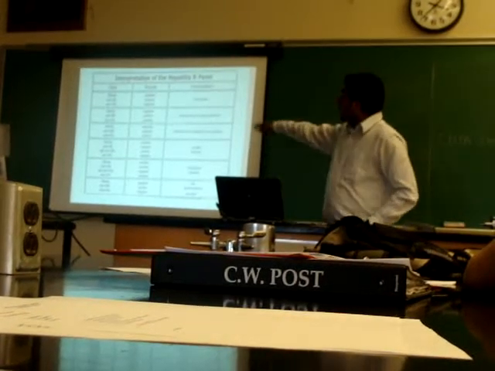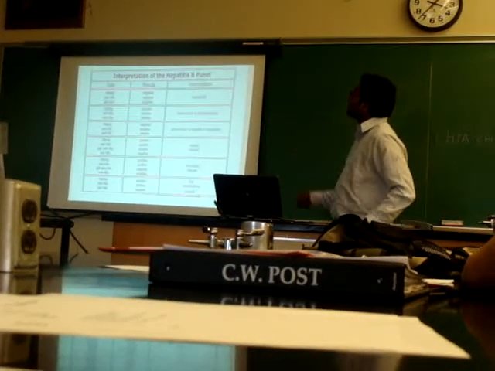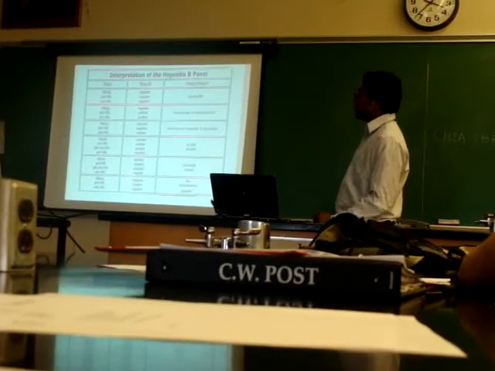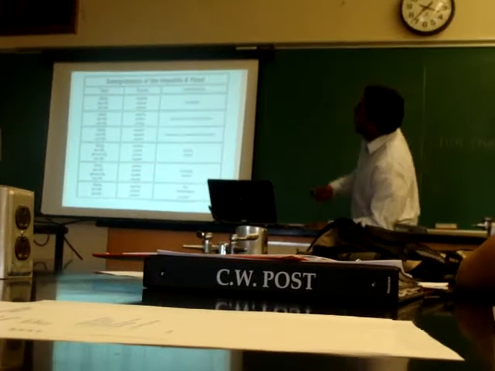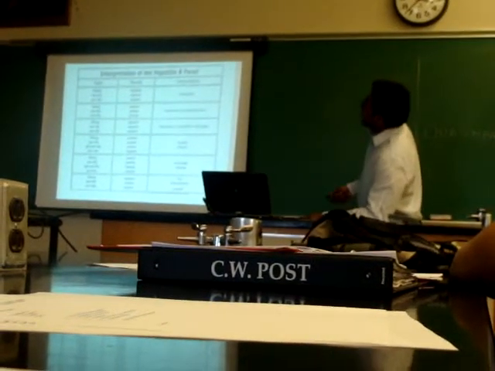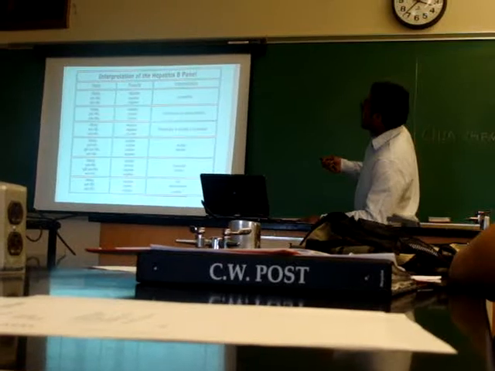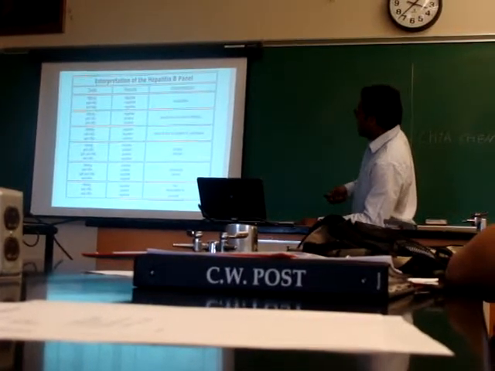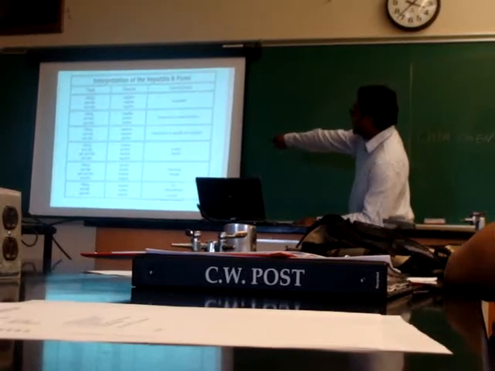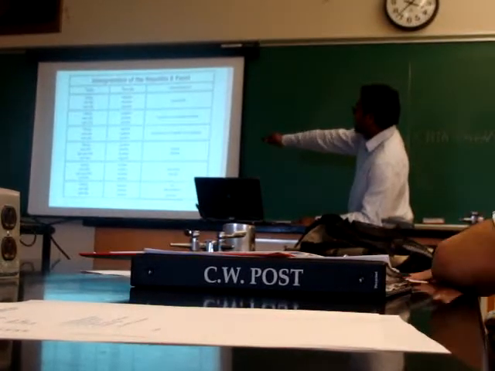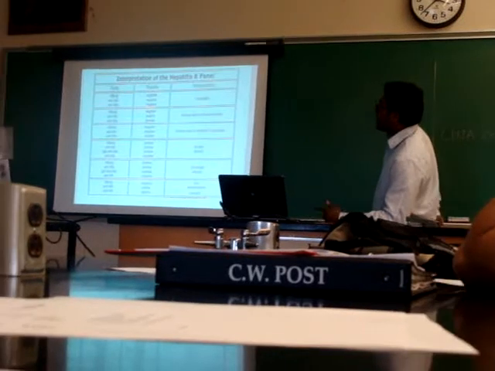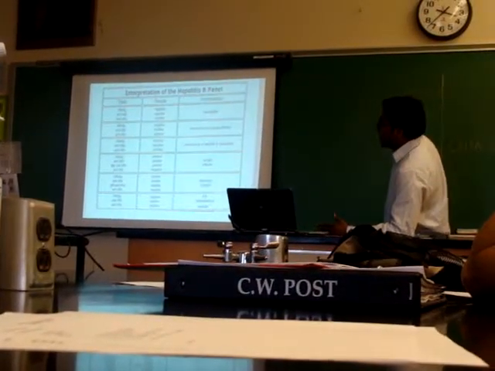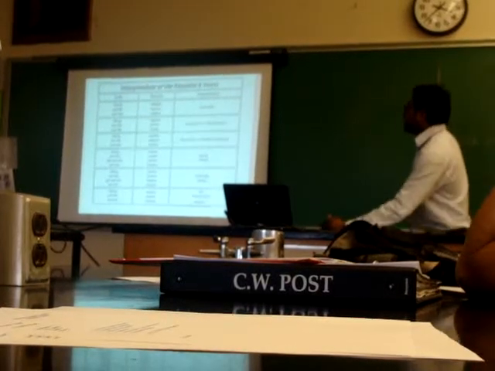This is the interpretation of the hepatitis B panel, from which we can interpret the stage of hepatitis B. First, if the hepatitis B surface antigen, anti-HBc and anti-HBs are all negative, it means susceptible to infection. And here we can see the difference between acutely and chronically infected. If the hepatitis B surface antigen and IgM anti-HBc are positive, and anti-HBs is negative, we can say it's acutely infected.